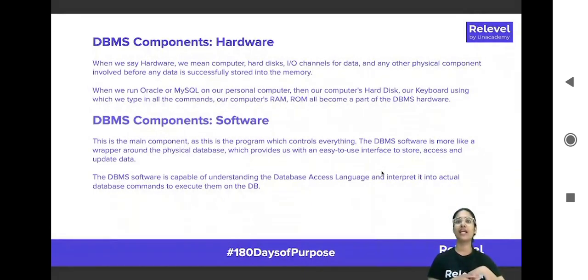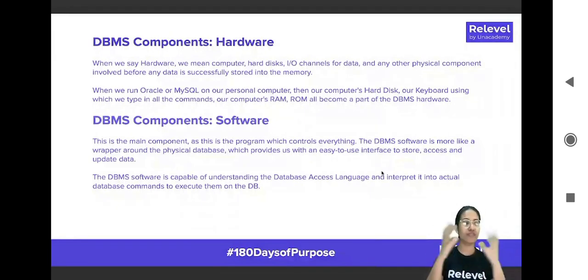Now you could have used the hardware directly also, right? Magnetic tapes, drives, DVDs to store your information. That is nothing but a physical database. But it's very difficult to access the information using that physical database. It's very difficult to store, remove, update the data. So what you did was you wrote a wrapper around it.